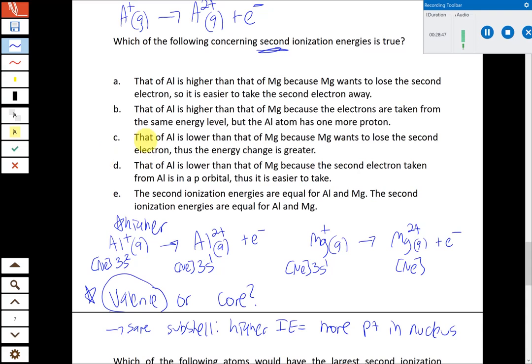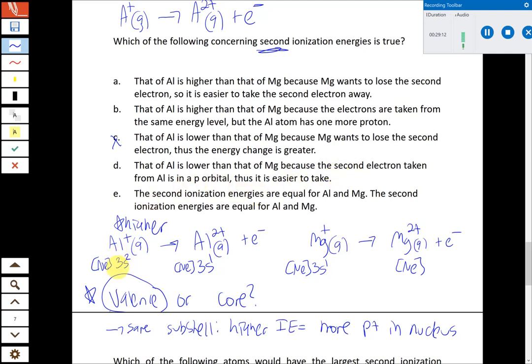So if we look at choice C, that of aluminum is lower. We determine that's going to be wrong because magnesium wants to lose the second electron. So there's not really any such thing as wanting to lose an electron, and that doesn't really come into play here because, again, in both cases, we're removing the same subshell 3s electron. So that one's wrong. That of aluminum is lower because the second electron taken from aluminum is in a p orbital.